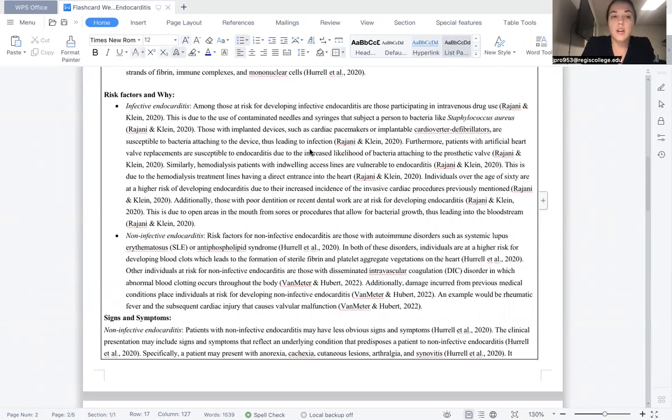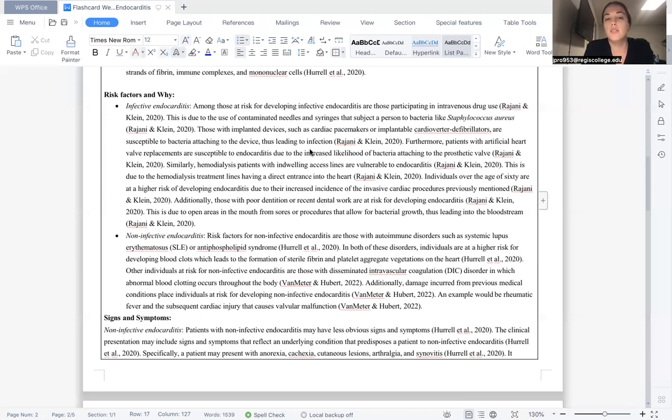We also see infective endocarditis occurring in those who have implanted devices, and that would include cardiac pacemakers and implantable defibrillators, so ICD placement. That's because they're just more susceptible to bacteria attaching to that device, which leads to infection. We see patients who have artificial heart valves being more susceptible to endocarditis because of the bacteria wanting to attach to those prosthetic valves.